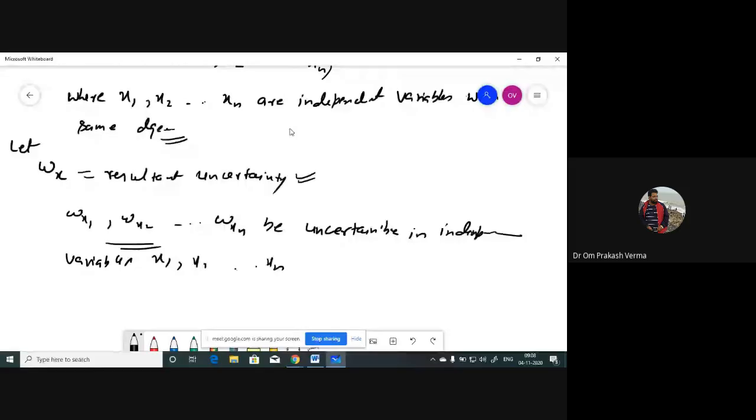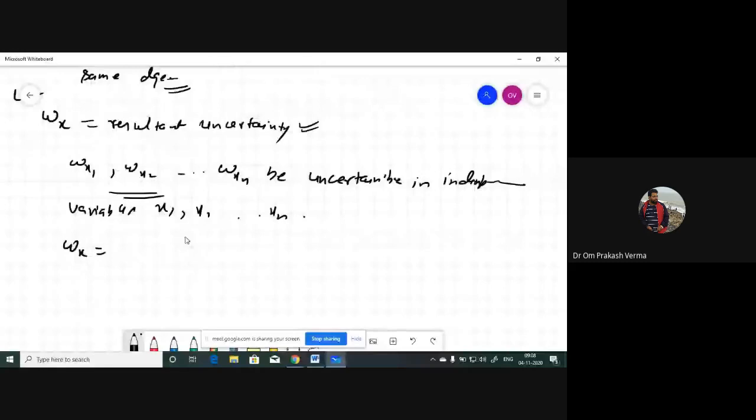So how is Wx found? I am giving the direct formula for this one. You can find the derivation of this formula in the A.K. Sahni book or any book of statistics.